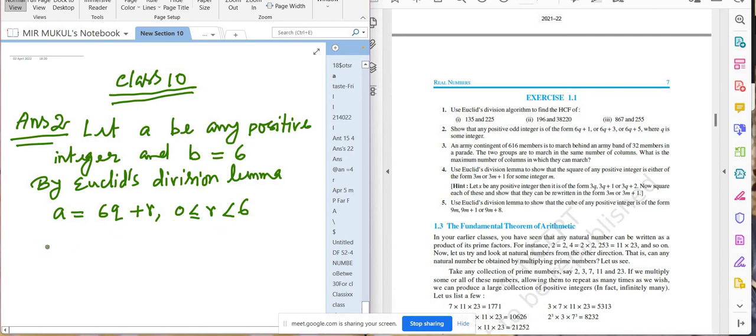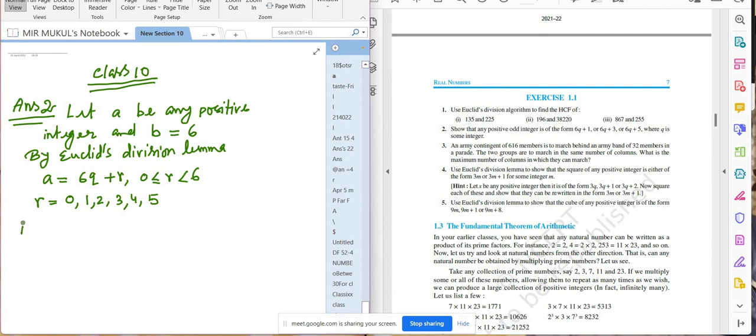Now the value of r will be either 0 or 1 or 2 or 3 or 4 or 5. Irfan, understood? Yeah. Okay, so let a be any positive integer and b I have taken 6, then we'll get forms like 6q plus 1, 6q plus 2, like that.